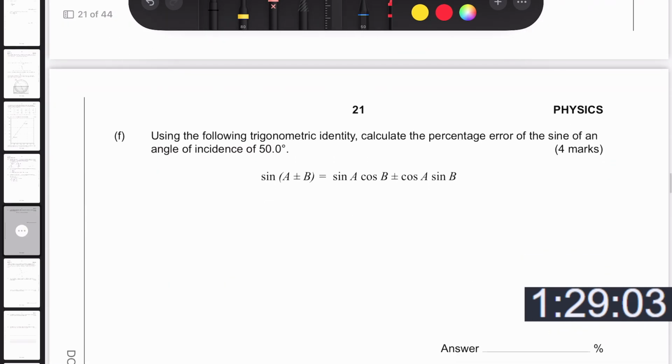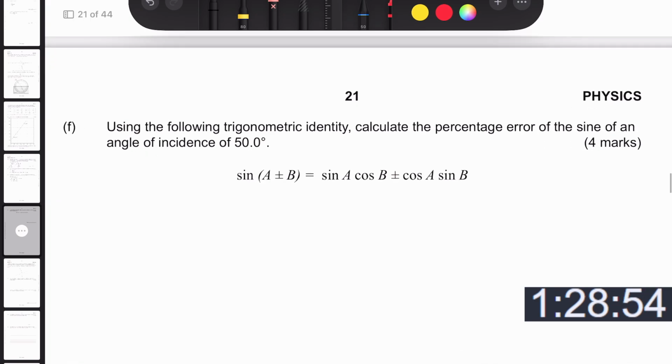Okay, using the following trigonometric identity, calculate the percentage error of the sine of an angle of incidence of 50 degrees.